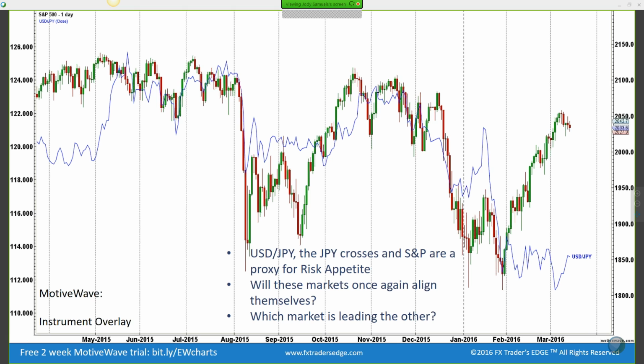That is key. One could ask: is the dollar yen going to start to move higher and catch up with the S&P, or is this sideways price action, uncertainty with the dollar yen, going to pull the S&P lower?